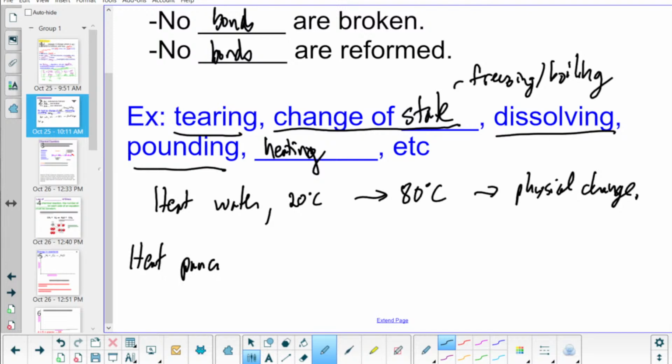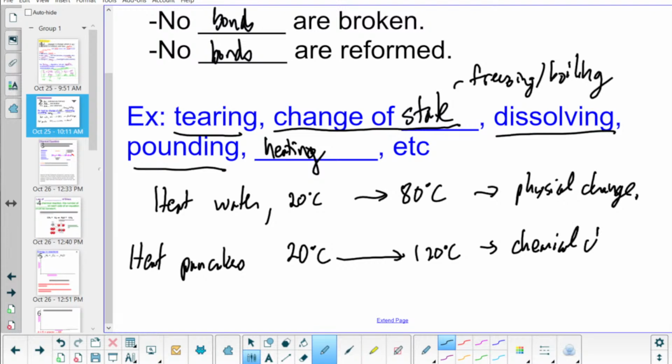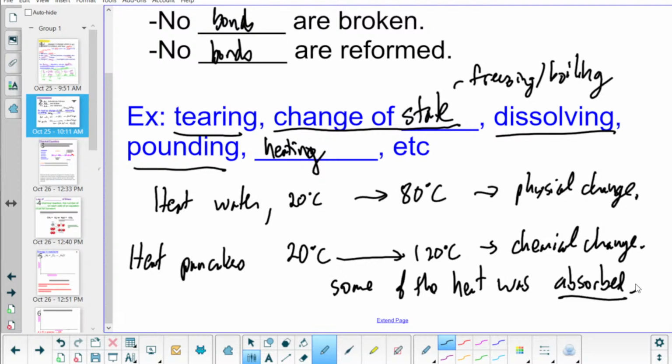But if you're heating pancakes, some of that heat didn't go into changing the temperature.